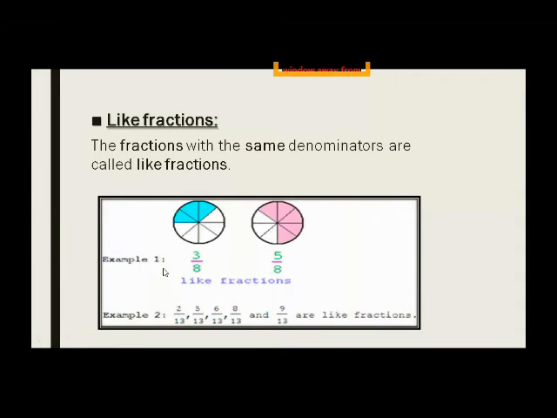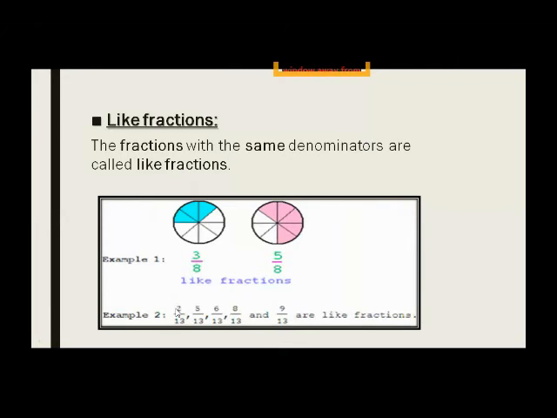Denominator is the number that is written below the bar. So when the denominator is same, we call it like fractions. Example, 3 upon 8, 5 upon 8. Here denominator is 8, here denominator is 8. Numerator may be different and denominator is same, so we call it like fractions.